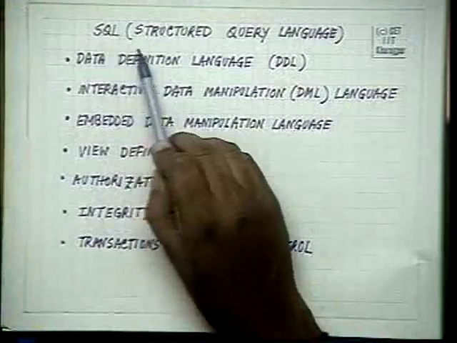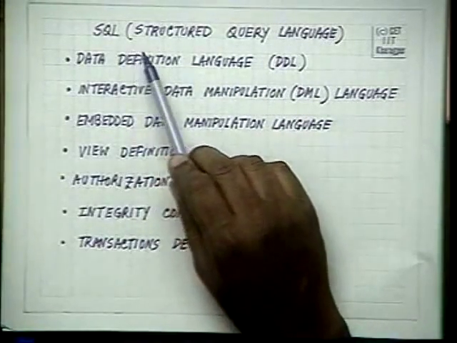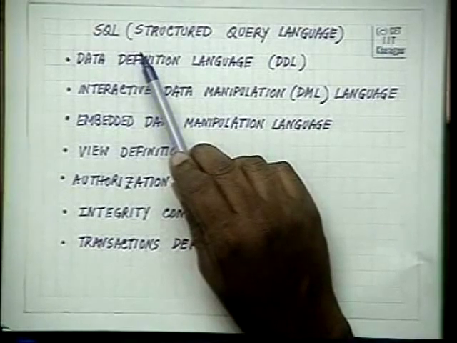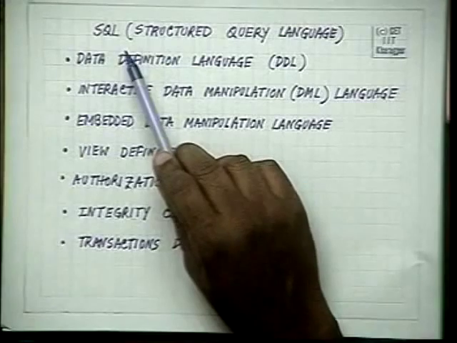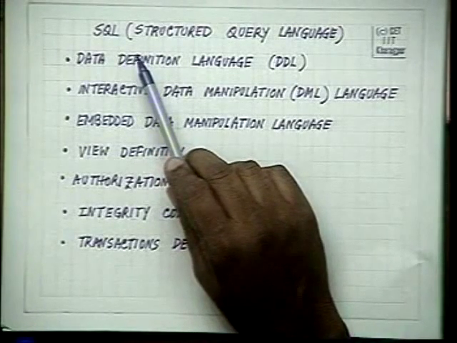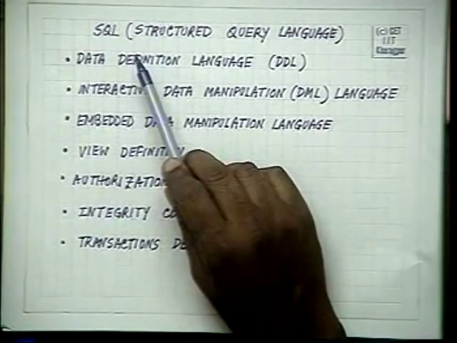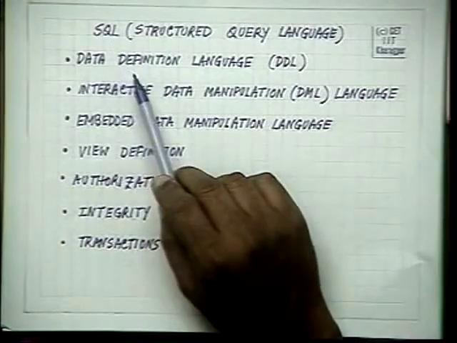SQL is called structured query language. It originated from a language called SEQUEL, which was originally developed by the group which developed System R, the very famous first good system for relational database management. Now, SQL has a number of features.